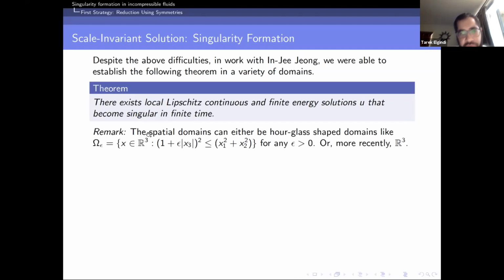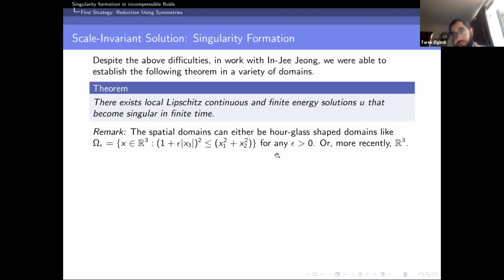So we considered basically 2 cases. One case is this hourglass-shaped domain. So it really has a corner in the domain. If you think about it a little bit, you realize that it's like a cylinder, but it has a little kink in the middle.